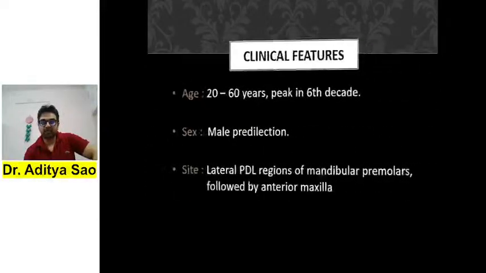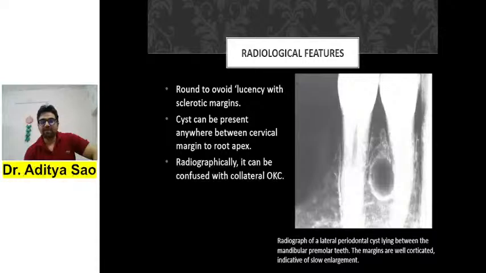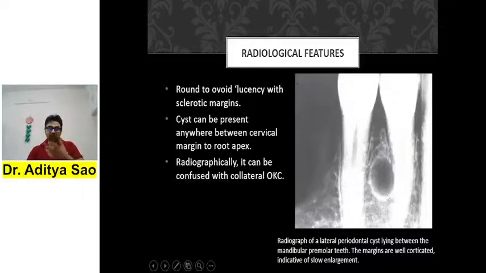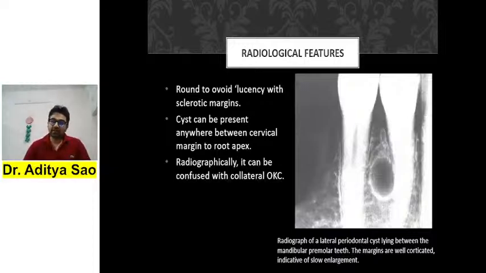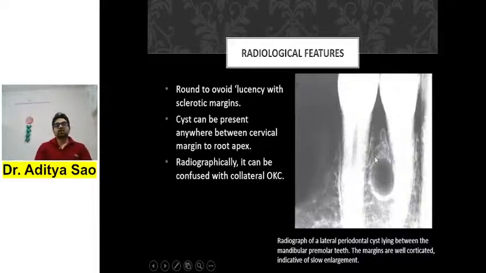Again, a very important visual is your lateral periodontal cyst. Most commonly occurs in the canine premolar or the premolar area. Starts from the periodontal ligament area here and is between these two areas. This is your lateral periodontal cyst.